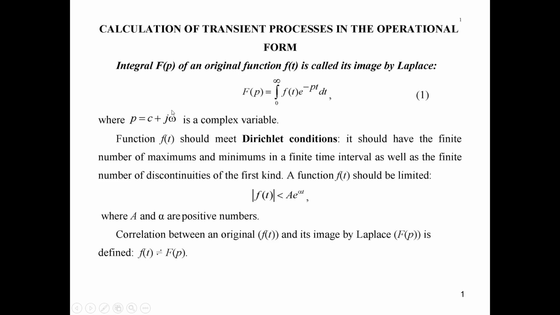But to take into account transient processes, an additional term, the real part of this p, is introduced. So p is c plus j omega, and the presence of this c permits us to take into account the natural component of transient processes in the considered branches, in the considered schematic.